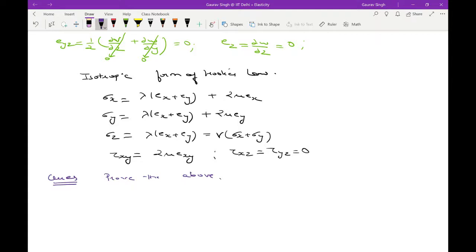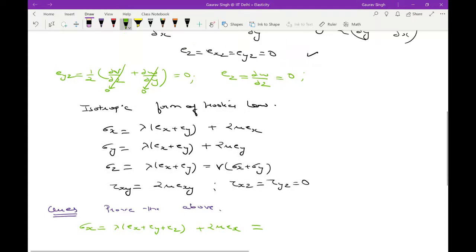If you pull out the Hooke's law, which we had derived in the discussion on linear elasticity, you would find that, I'll use the green color, sigma x is equal to lambda (ex plus ey plus ez) plus 2 mu ex.